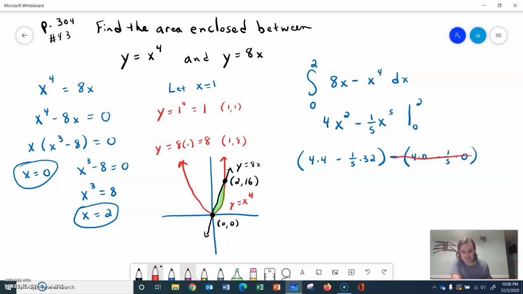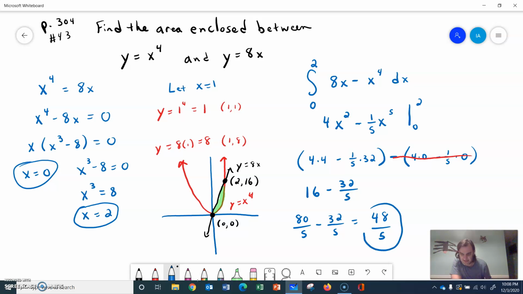What we have is 16 minus 32 fifths. Putting these over the same denominator, 80 fifths is the same thing as 16, minus 32 fifths, which takes it down to 48 fifths. Hopefully that's our answer.